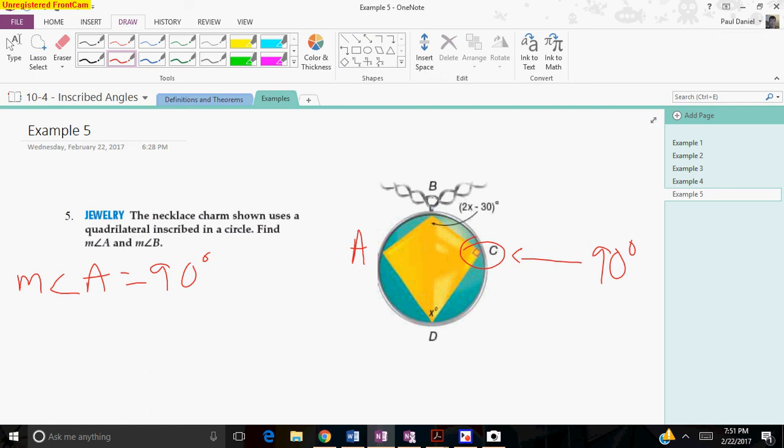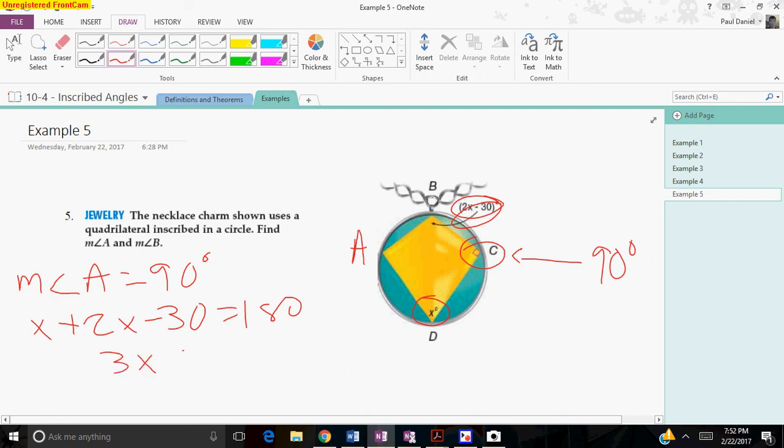To figure out angle B, I'm going to need to use the fact that this is x and this is 2x minus 30. Those two things must add to equal 180. So x plus 2x minus 30 is equal to 180. So 3x, if I add the 30 to the other side, is going to be equal to 210, or x is going to be equal to 70. Once I know that x is equal to 70, I can figure out what angle B is.